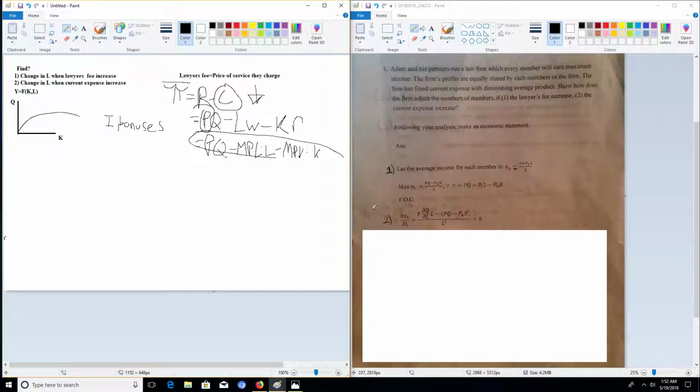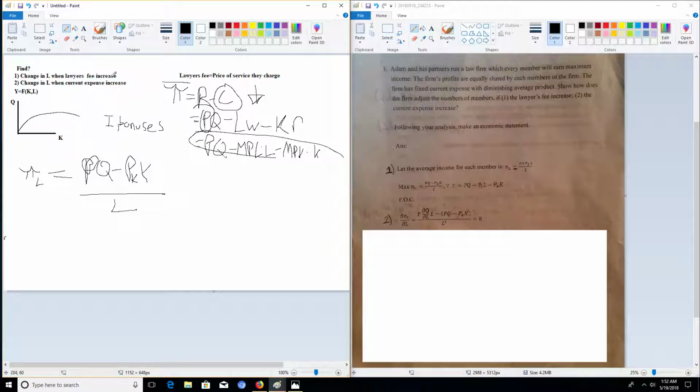So, we have this right now: Q minus P sub K, K over L. So now you're asking yourselves, 1, what is this, and 2, why do we find the derivative? Well, we need a rate of change.